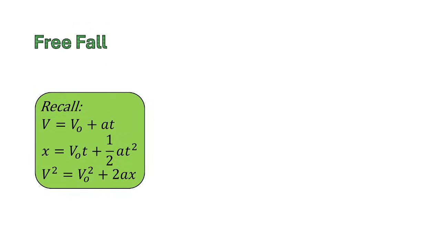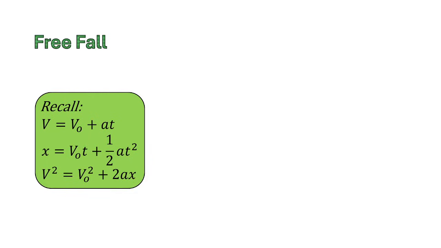So let us recall your formulas for kinematics. V is equal to V naught plus AT. X is equal to V naught T plus 1 half AT squared. V squared is equal to V naught squared plus 2AX.